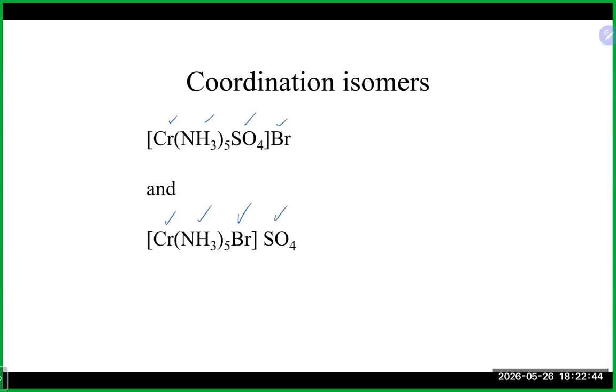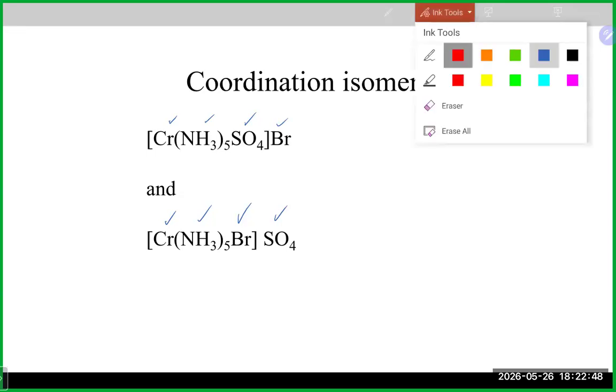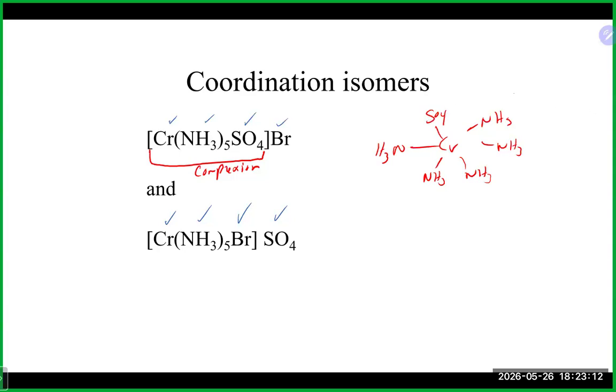Now, the difference here in a coordination isomer is in the top one, for example, this is my complex ion here. And what that means is in the top one, I have chromium and I got myself 5 NH3s attached there. And I have the actual sulfate attached as well.